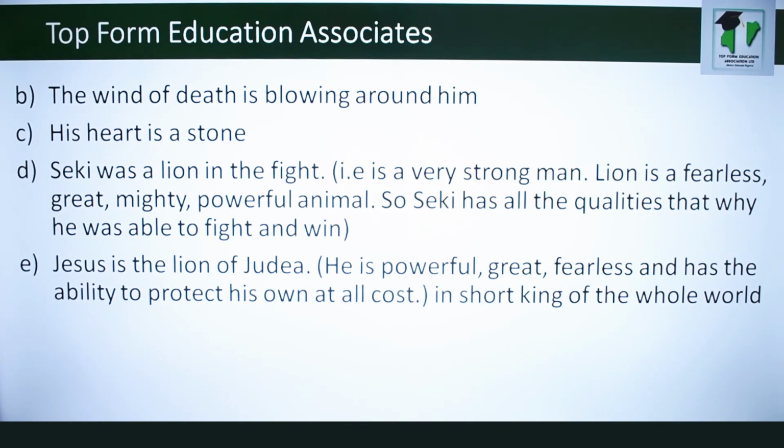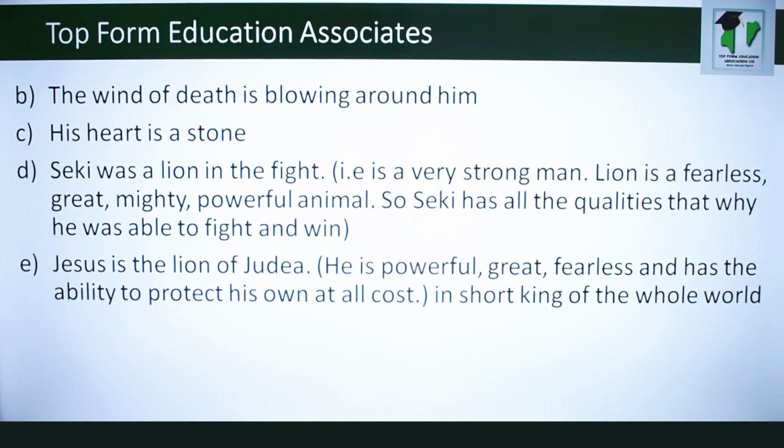The next example, D, Seki was a lion in the fight. Seki was a lion in the fight. We are looking at Seki, we are looking at lion, we are looking at fight, trying to equate all, to have a deeper meaning. But when you look at it literally, it's not making any sense.